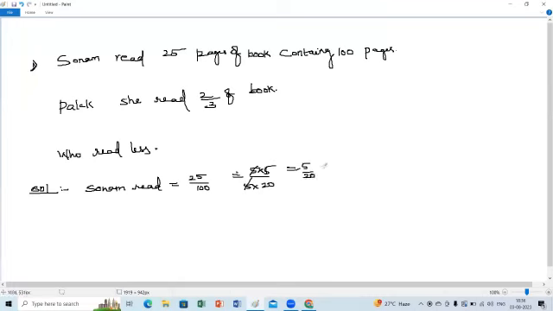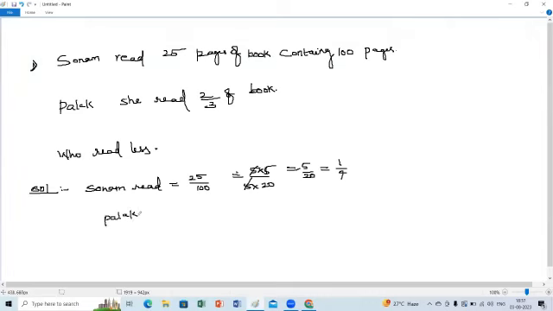If you simplify 5 by 20 once again, you get 1 by 4. So she read 1/4 of the book. What fraction of the book did she read? 1/4.